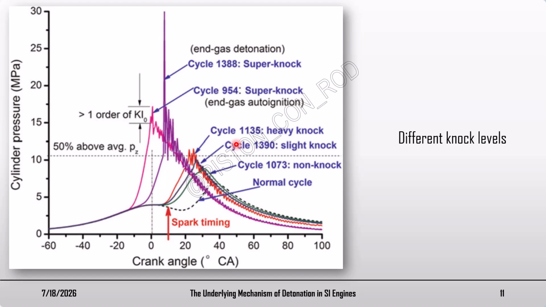It means even if it developed into thermal explosion or detonation, because of the lower amount of fuel remaining, the damage will also be much lower. But if the fuel remaining is a lot, definitely the damage will be even higher.